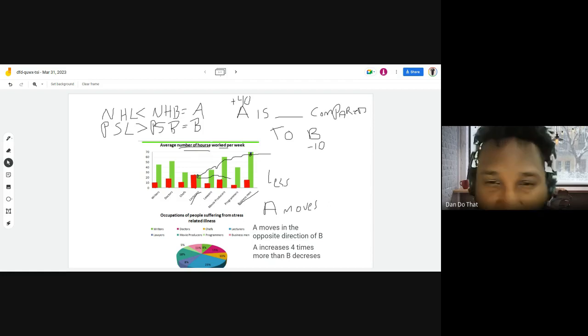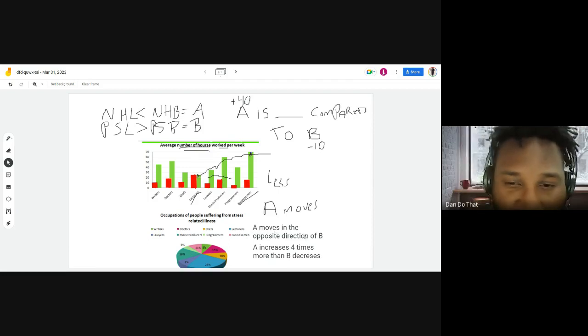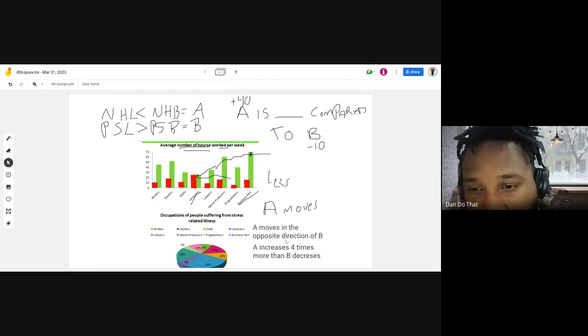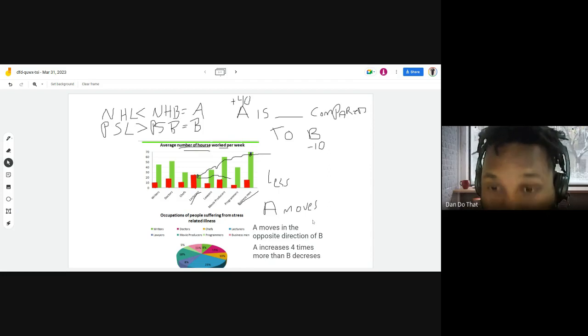Let's see. Is there anything else we could say about these two lines? No, that's enough. They're both basically the same. One is numbers and one is just a direction. All right.